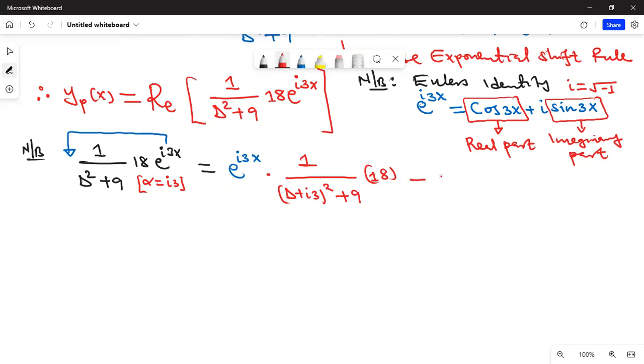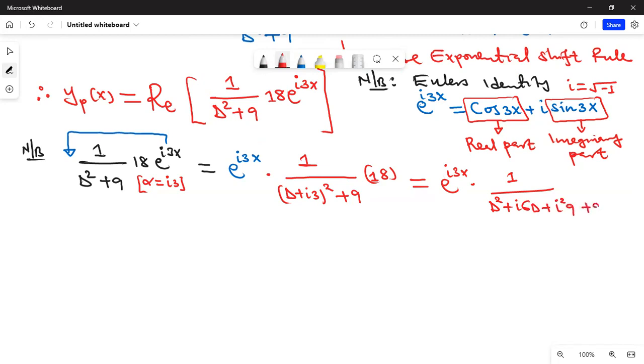So this is equal to, if I open the bracket in the denominator, exponential i3x times 1 over D squared plus i times 6D plus i squared times 9.